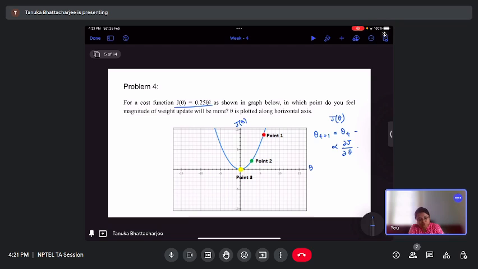If you just want the magnitude of weight update, the magnitude of change in each step, then that magnitude is basically alpha times del J del theta. So, this is the change you are making to the weight at each step. At which point do you think this quantity will be the highest?